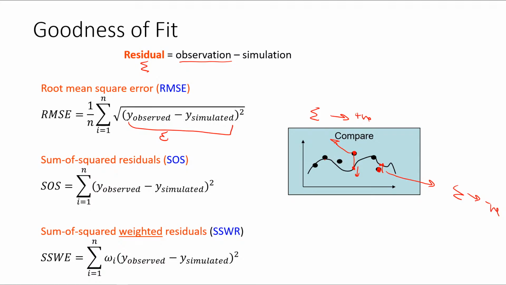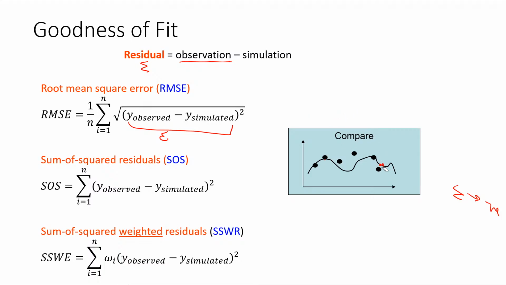So in order to prevent these two from canceling out, I square the residuals, and then I sum all the residuals, take the average, and take the square root. That is called the root mean square error. That root mean square error is basically what the calibration algorithm works with.